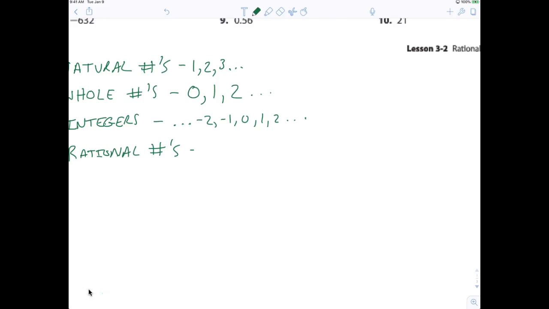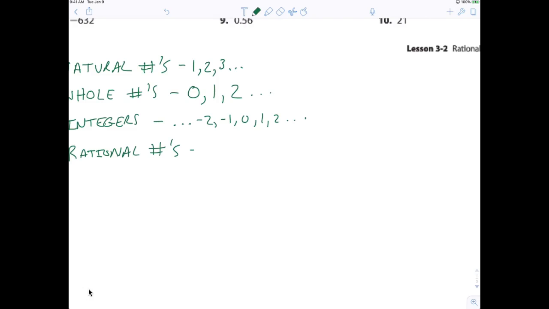Rational number. Any number that can be written as a fraction is considered rational. Not every number is rational, but you're close. I like your thought. One more time: a rational number is any number that can be written as a fraction.